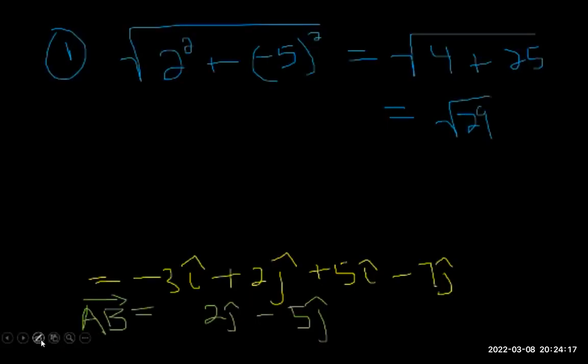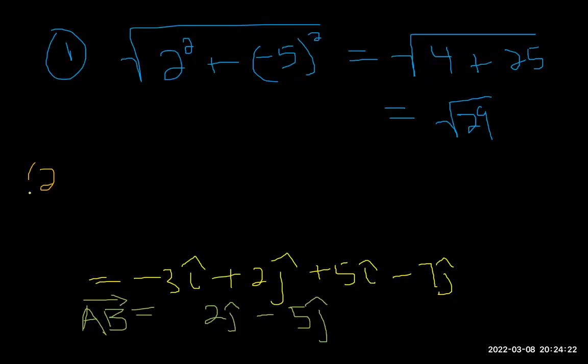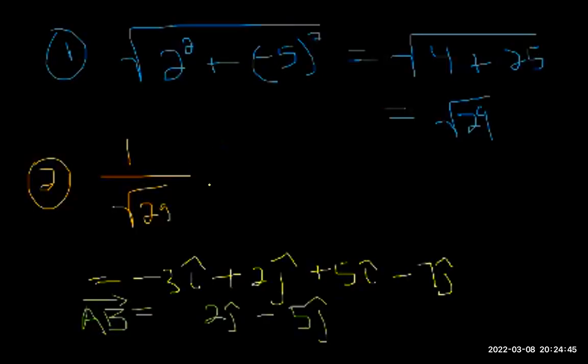That's the magnitude I'll be using. The second step is to substitute it into the formula. The unit vector is equal to 1 over the magnitude multiplied by the vector, or some people say the vector divided by the magnitude, same thing, right?